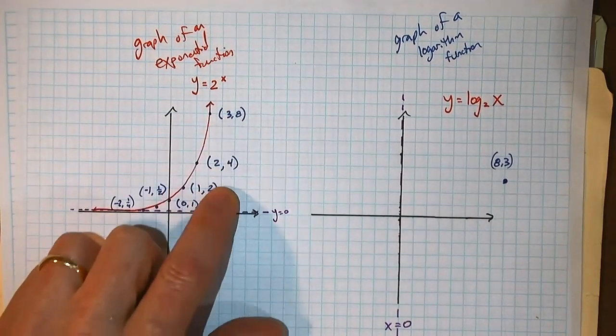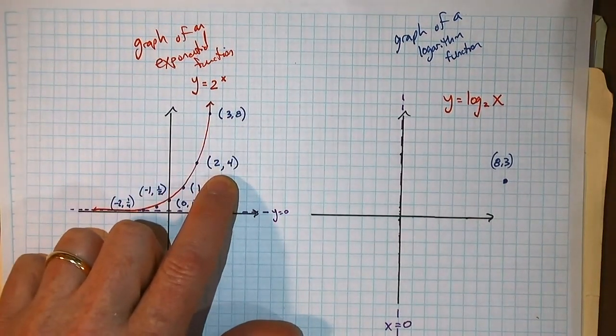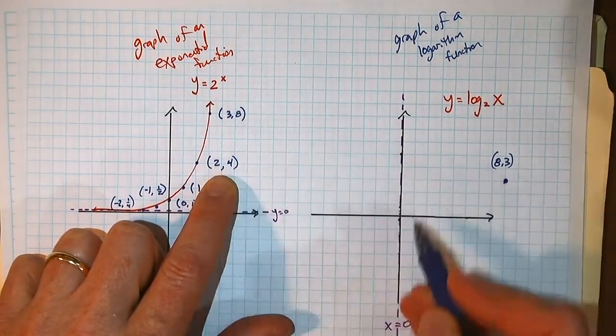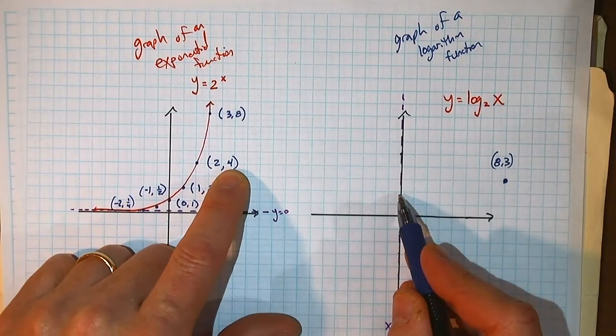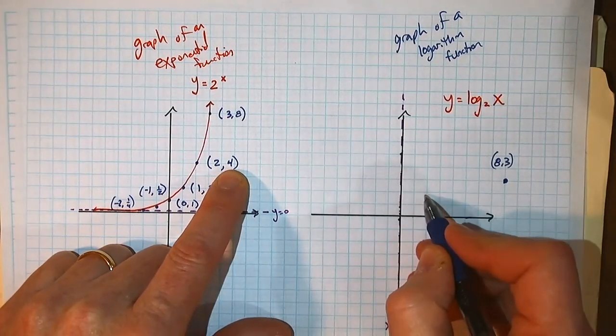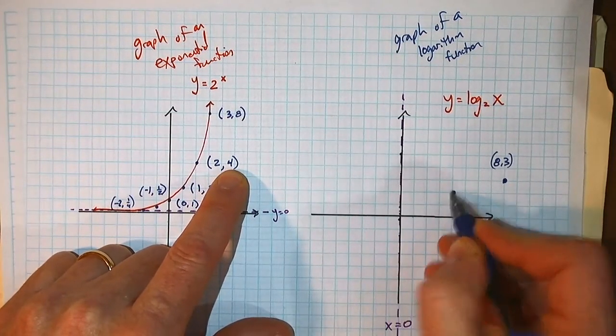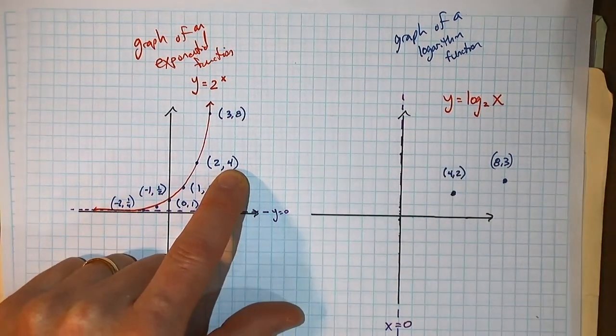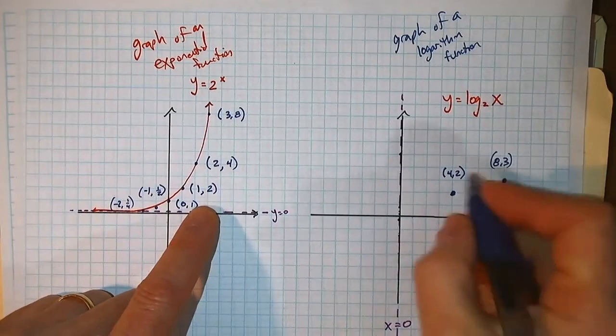Okay. Again, this x and y are just going to switch. So the x was a 2, now that's a y. I'm going to go up 2. And the y was a 4, now that's an x. So I'm going to go over 4. And now this point is a point that's on the inverse. And I can do that with all of these.